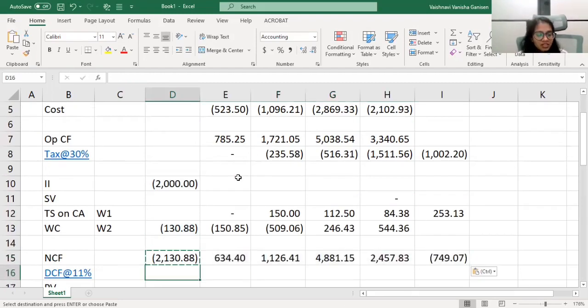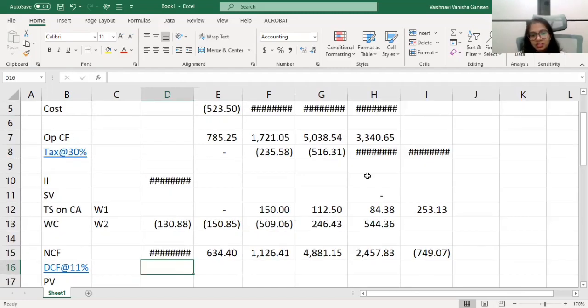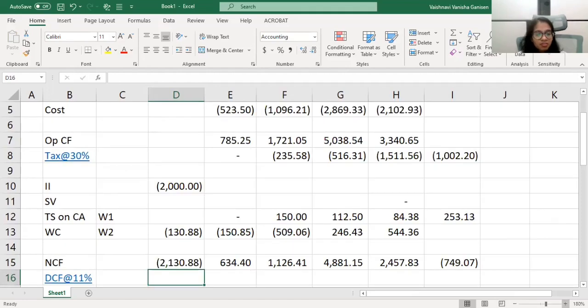Your discount factor is 11%. So guys, I want you to listen to me very carefully. How do you do the discount factor in the simplest manner ever, and you can get your answer 100% correct?